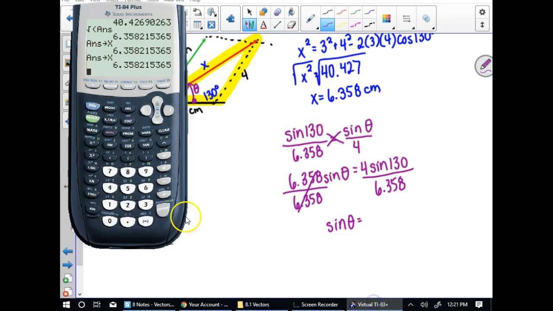Now notice when I type this in, I'm going to do 4 sine 130, and then rather than dividing by 6.358, I'm going to divide by that x that I stored in my calculator, because that way I won't round any for this.